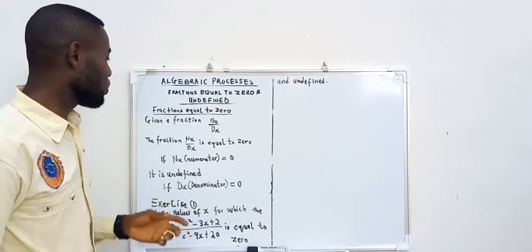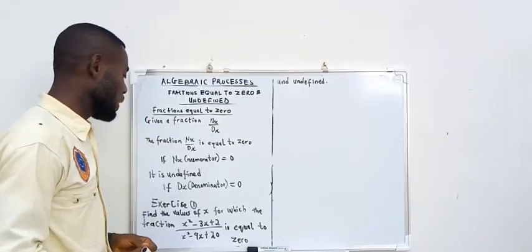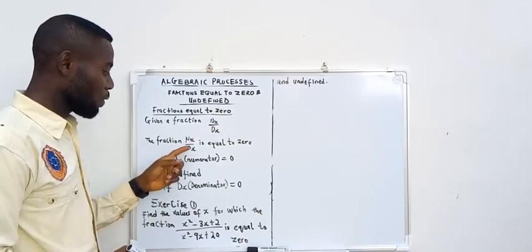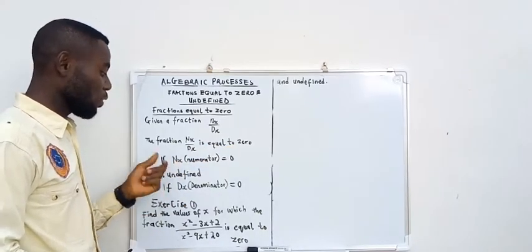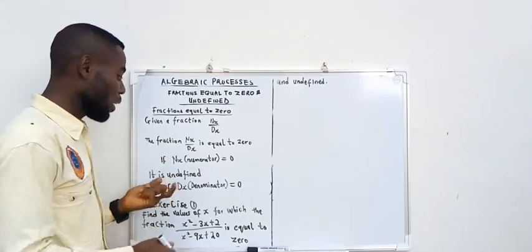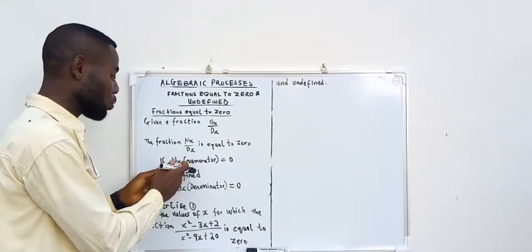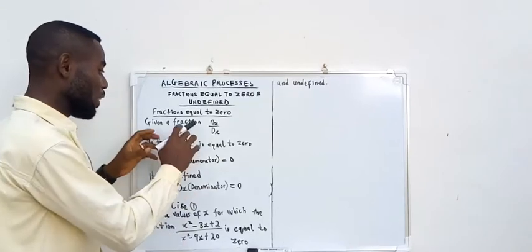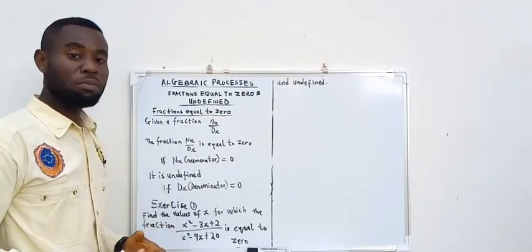Fractions equal to 0. So here I have given a fraction N(x) over D(x). The fraction N(x) over D(x) is equal to 0 if N(x), now remember that N(x) is the algebraic numerator, is equal to 0.